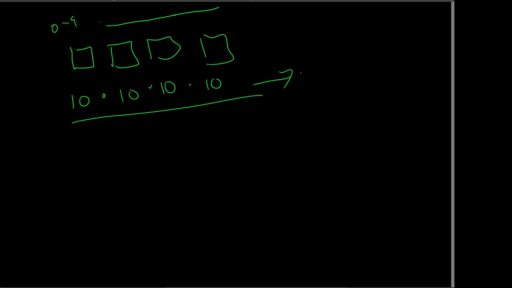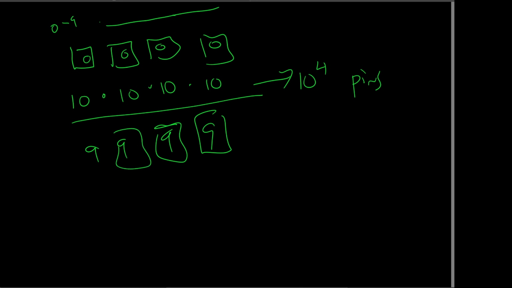And so I have 10 to the 4th possible pins. Now what's really neat about that is if 0, 0, 0, 0 is an option, then a 9, 9, 9, 9 is an option. Which means I have this, one more than this. Well, one more than this is 10,000, or 10 to the 4th. Because 10 times 10 times 10 times 10 is 10 to the 4th. And this is used in security or picking codes a lot.